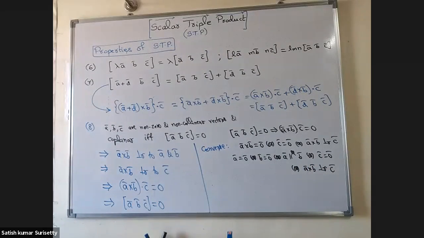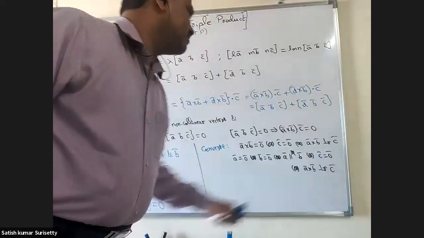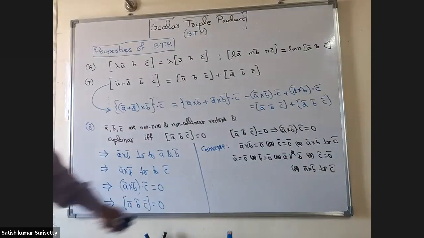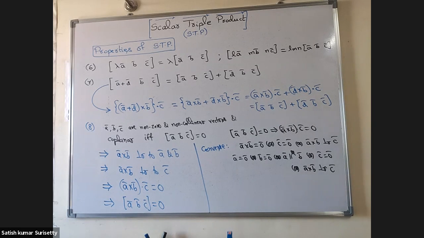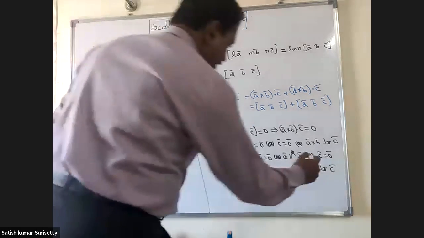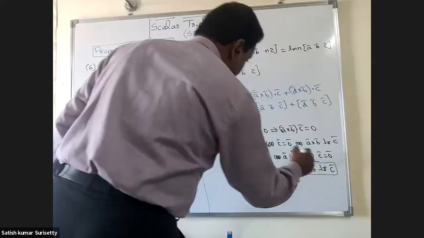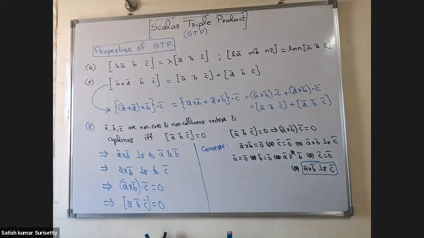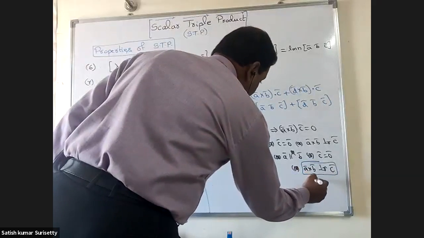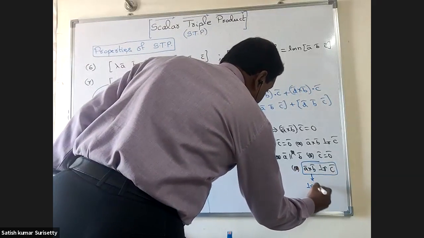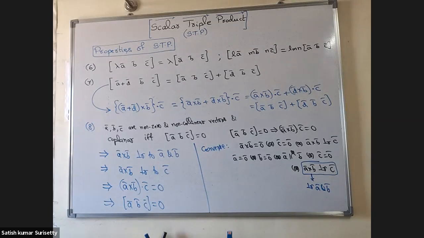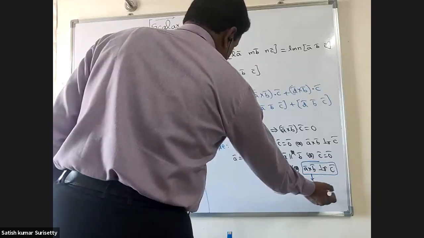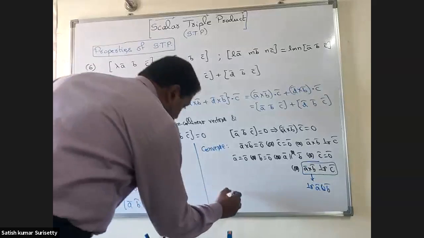Now, because A bar, B bar, C bar are non-zero, those cases get eliminated, and non-collinear, so A bar cannot be parallel to B bar. So what is left out is A bar cross B bar is perpendicular to C bar, but A bar cross B bar is always perpendicular to A bar and B bar. Hence, A bar, B bar and C bar are coplanar.